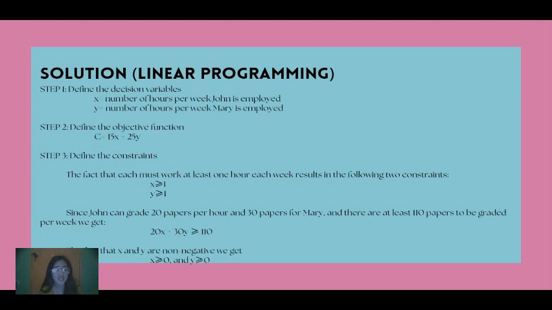Since John can grade 20 papers per hour and Mary 30 papers per hour, and there are at least 110 papers to be graded per week, we get 20x plus 30y is greater than or equal to 110. Since x and y are non-negative, we get x is greater than or equal to 0 and y is greater than or equal to 0.